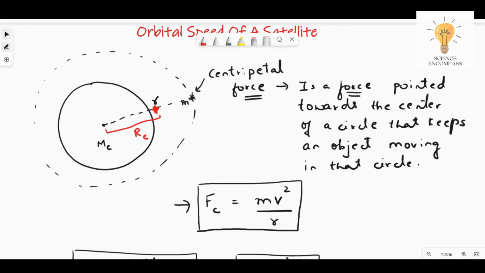So if it's so close to the Earth, it just makes sense to take the distance between that satellite and the center of the Earth to be the radius of the Earth itself.